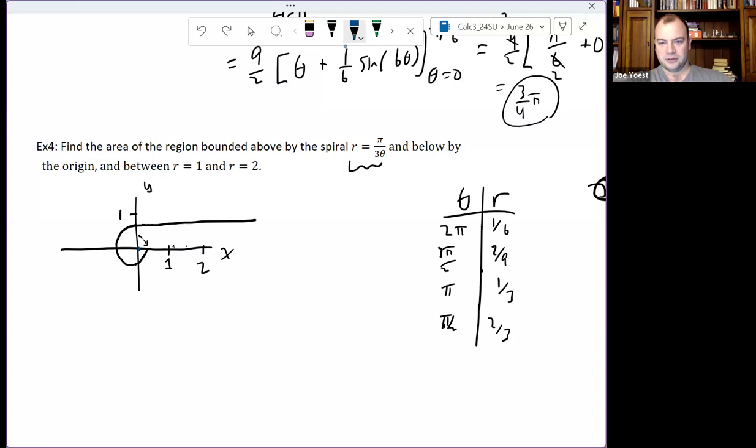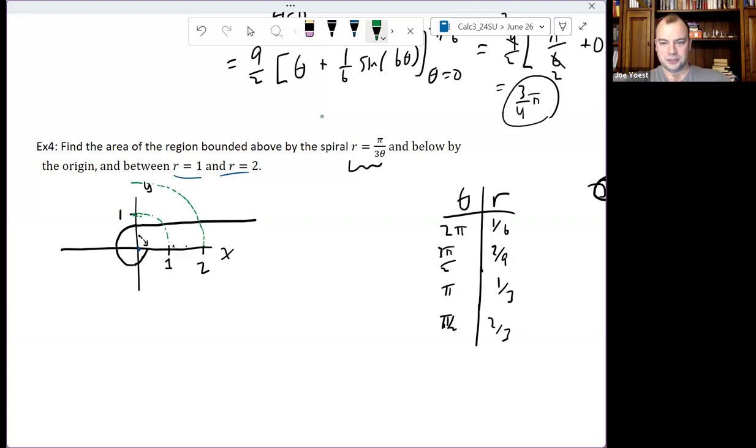We're thinking of going from the origin, and we're thinking of r equals 1 and r equals 2 as being circles. So I have kind of this circular segment here for r equals 1, the circle of radius 1, and another one for a circle of radius 2.